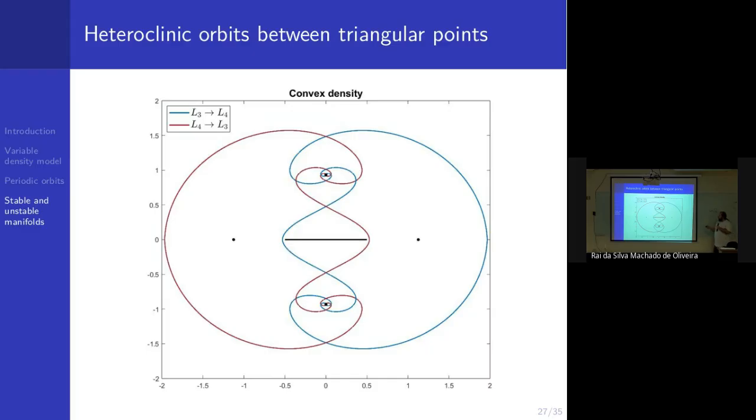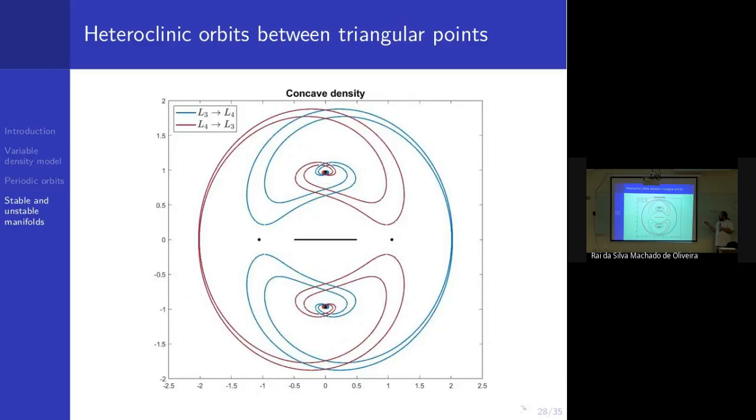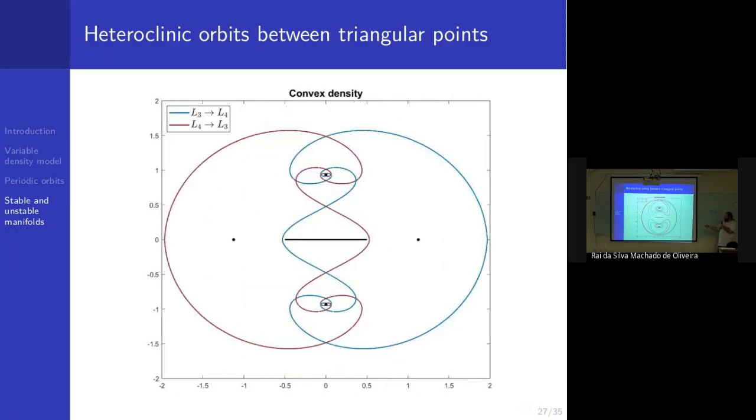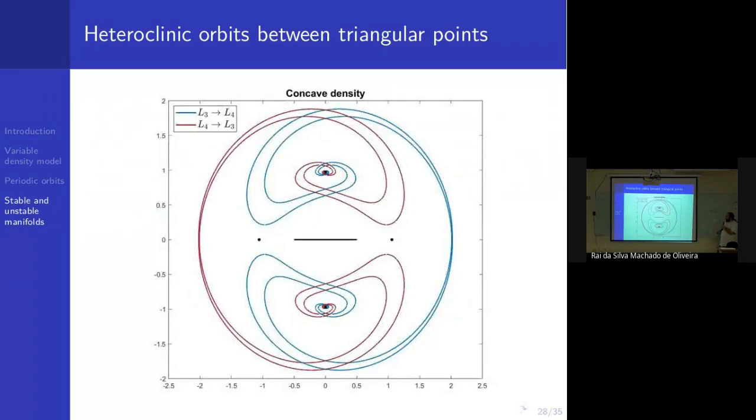Of course, if we have a reversible system, heteroclinic orbits appear in pairs. Okay, so if you have this blue one, as your system is reversible, you also have this red one. It's the symmetric of that. Okay. And this one is for the concave density. As you can see, pretty different. So it's also something that depends on the internal density of the asteroid, the heteroclinic orbits.